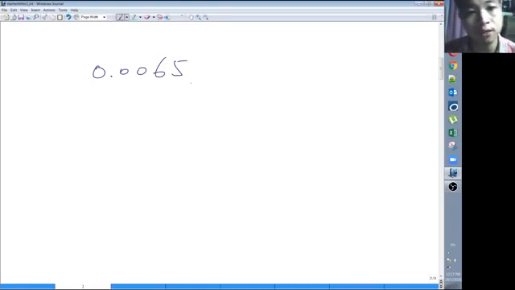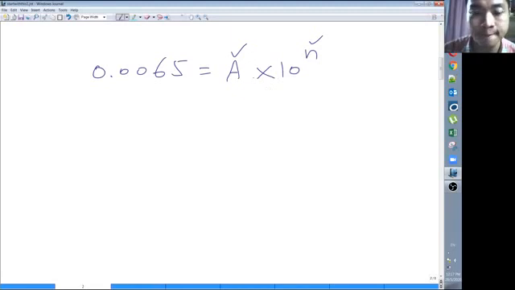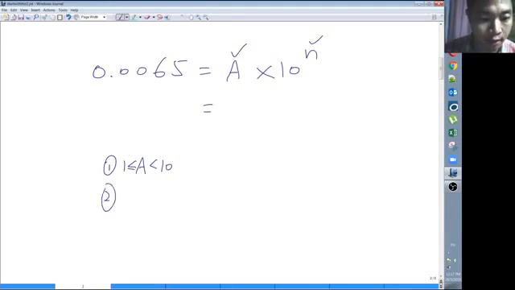In order to make this into standard form, you need to find out what your a is and what your n is. Bear in mind the first requirement: a must be in this range, and your n must be an integer.